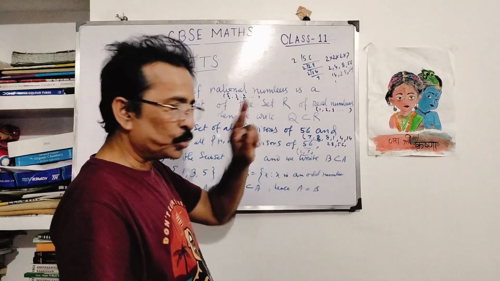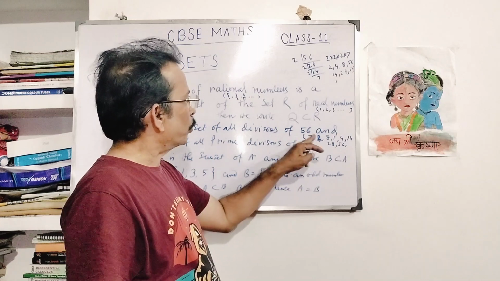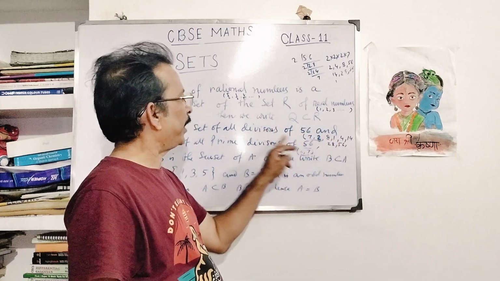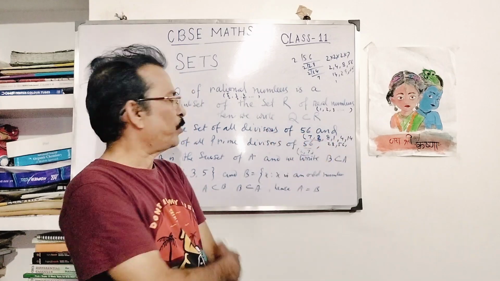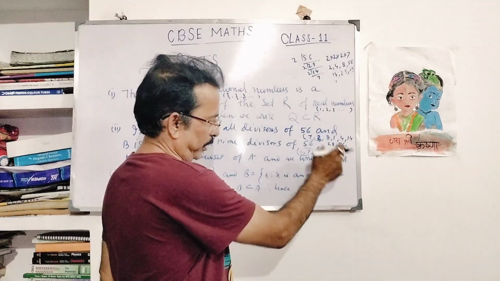The two prime divisors, 2 and 7, are also included among the elements of the set A. That is why B is a subset of A. Here is the symbol.